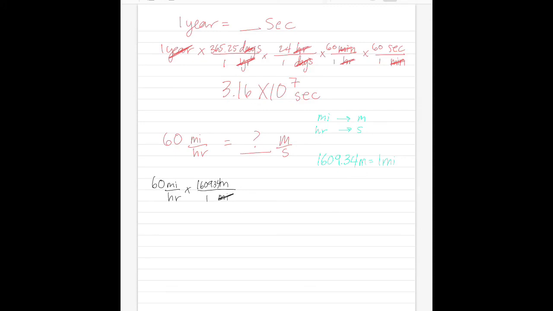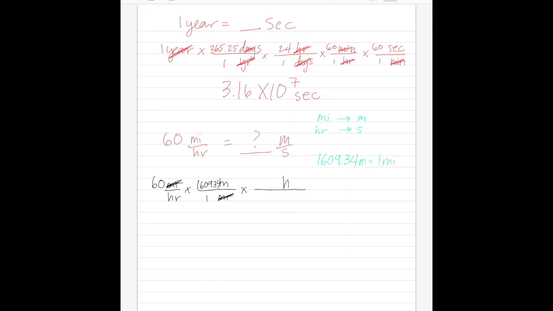Okay, miles is taken care of. I'm now in meters. Okay, so the top unit is taken care of. But let's take care of these hours. It needs to go from hours to seconds. Now, before, miles was on top, so we put miles on the bottom so it would cancel. Now that hours is on the bottom, I have to put hours up top to get it to cancel.